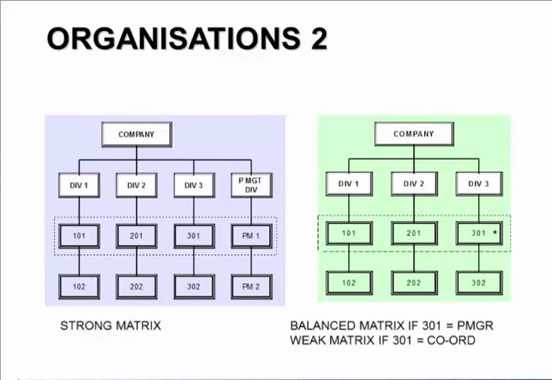So the idea is that sometimes there are nominated personnel where one of their tasks within their functional group is to be involved in projects. Okay, so that becomes a strong matrix structure.